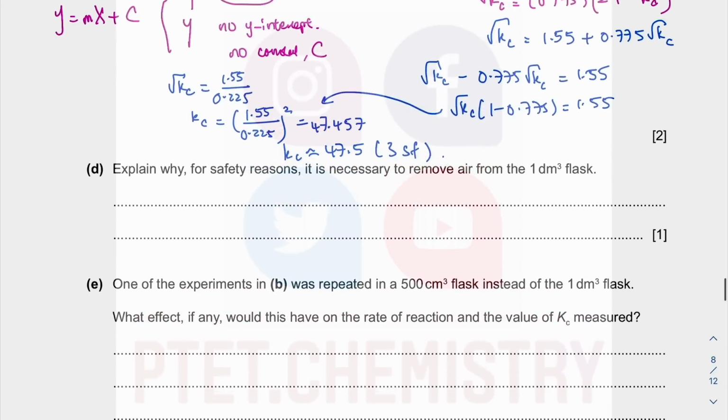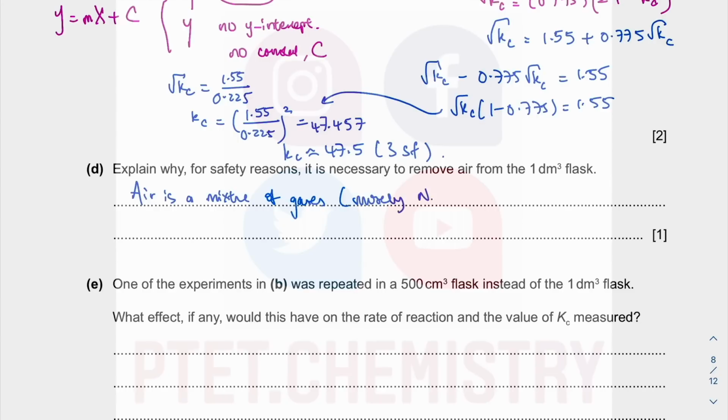Explain why, for safety reasons, you want to remove the A from the 1 dm³ flask. So we know that we had to remove that A, right? So if we have A, what does A contain? So A is a mixture of gases.